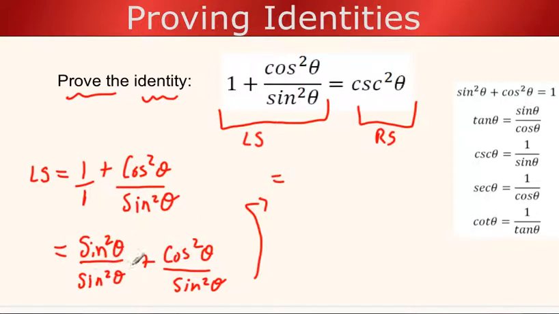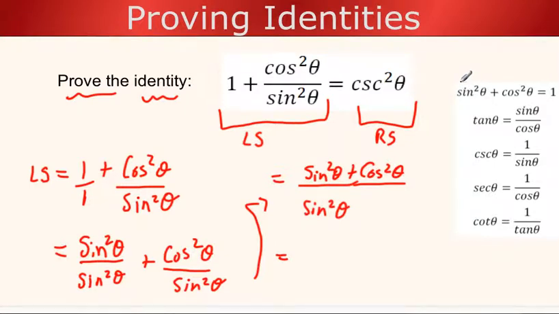Now look at this. We now have common denominators. So I've got one denominator, which is sine squared, and let's add the numerators. Sine squared plus cos squared. They're not like terms, so we'll just write sine squared plus cos squared all over sine squared. Do you see what we can do to simplify this?